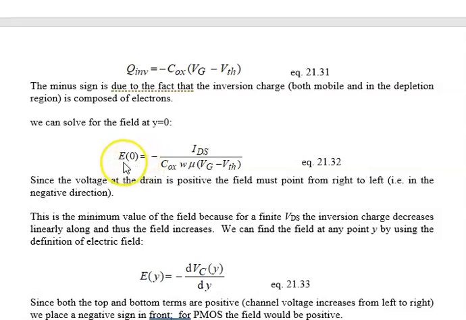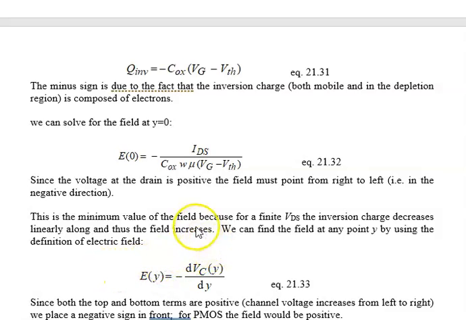It's not important because we know the electric field points from right to left, which is the negative direction. And we know that because the source is ground and the drain is plus. So therefore, the electric field must be from the drain to the source, or negative.